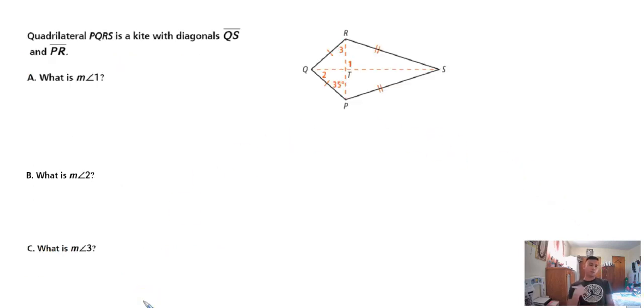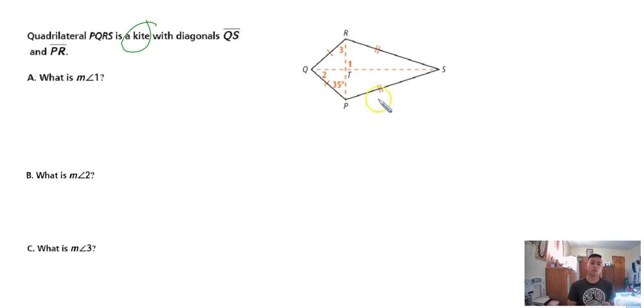Now, quadrilateral PQRS is a kite, given with diagonals QS and PR. Since it is a kite, the two pairs of sides are already congruent: QR is congruent to PQ, and RS is congruent to PS.